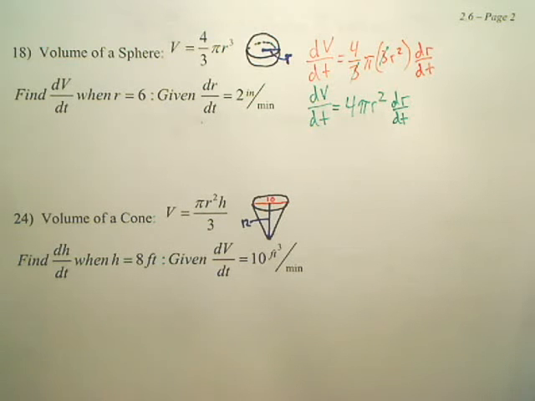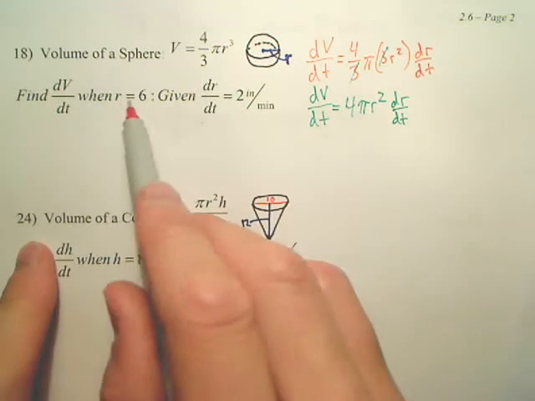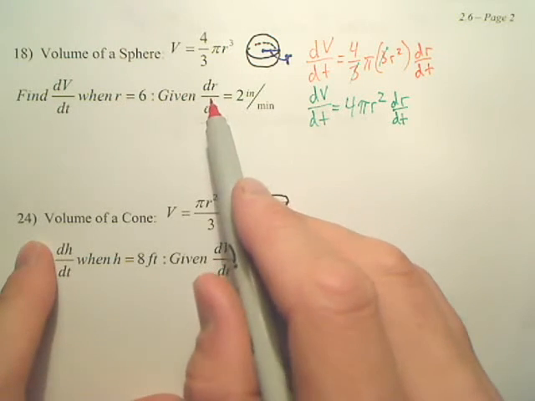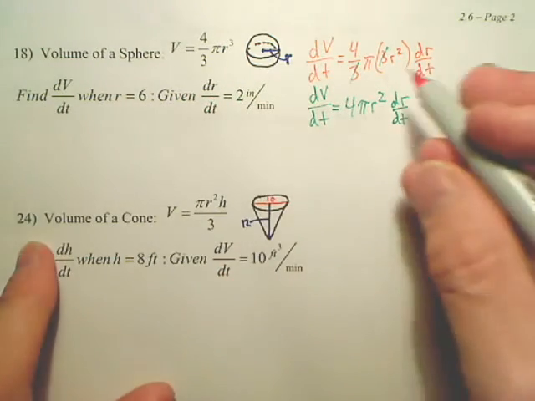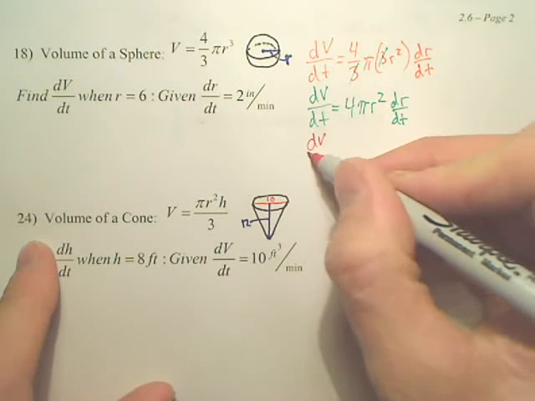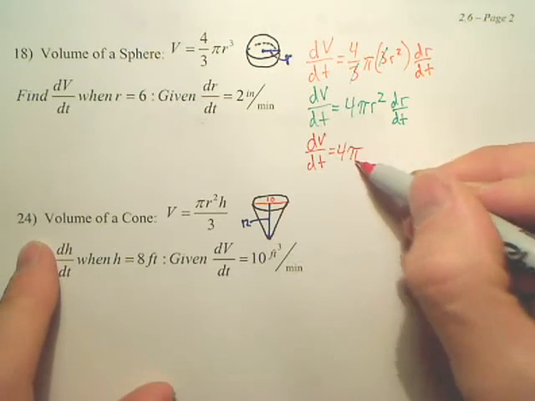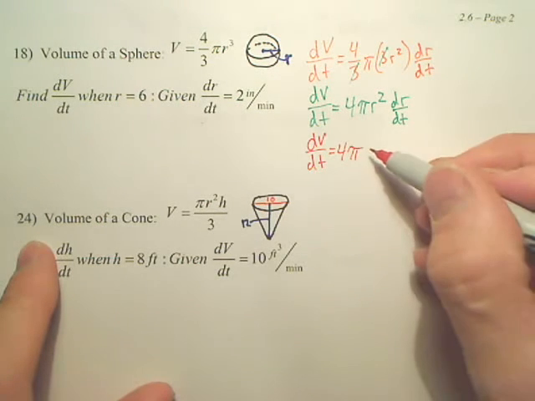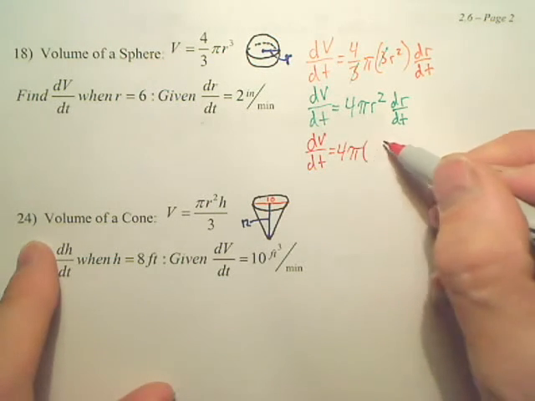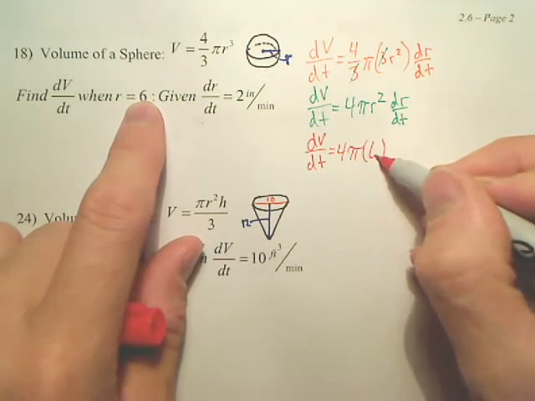Okay, the question is asking, once again, find dV/dt when r is 6 and the rate of change of the radius is 2. So we want dV/dt. This is still 4. Pi is pi. It doesn't change. It's always pi, a certain number. What's r? r was 6.